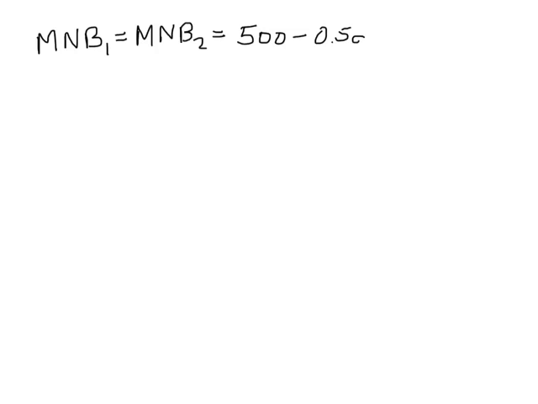We've got the scarce resource case, so we know that we've got to get marginal net benefit functions. It turns out the undiscounted marginal net benefit function in period 1 is equal to the undiscounted marginal net benefit function in period 2. That's just the difference between the willingness to pay function and the marginal cost.